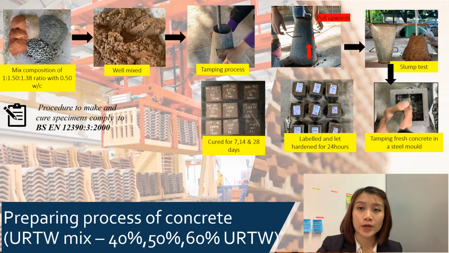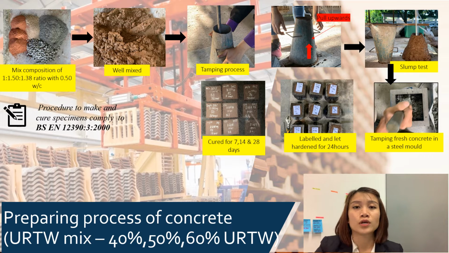Generally, this is the preparing process of the concrete, where all the ingredients will be mixed together except for water, in a dry state. During the mixing, the water will be added gradually, little by little. When the fresh concrete is well mixed, it will be placed into a slump cone for the slump test.